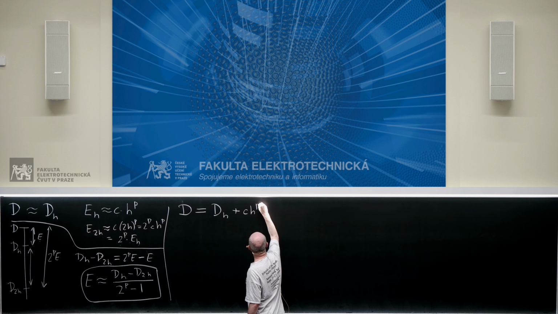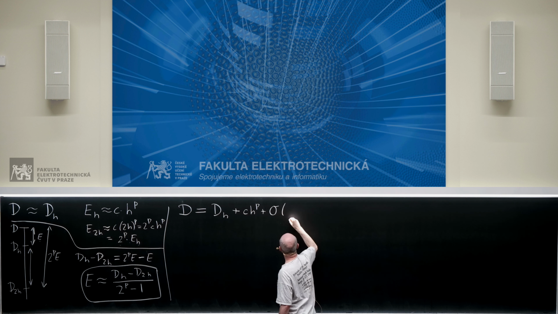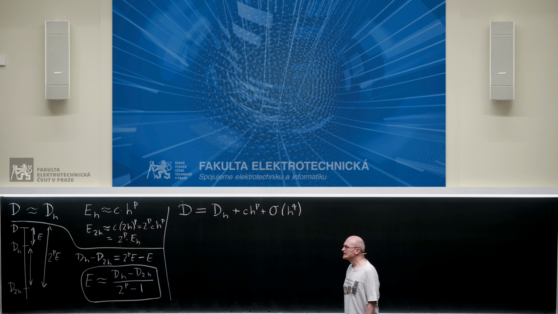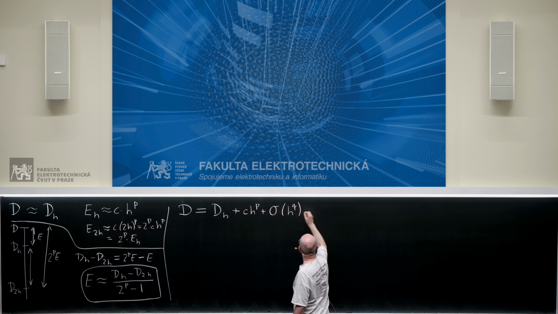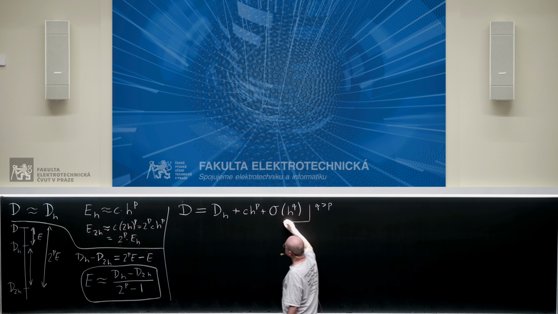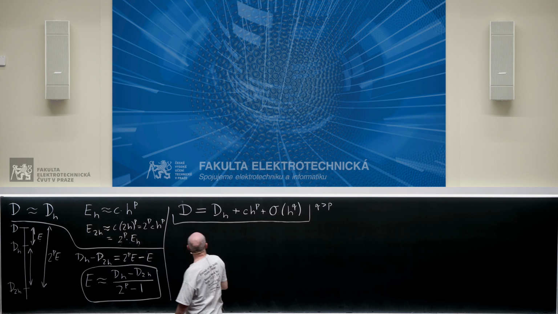There is a leading term plus some tail, which can be estimated using another power of h. And this part is usually considered negligible, which happens when q is larger than p. So that's the basic equality that we are going to work with.